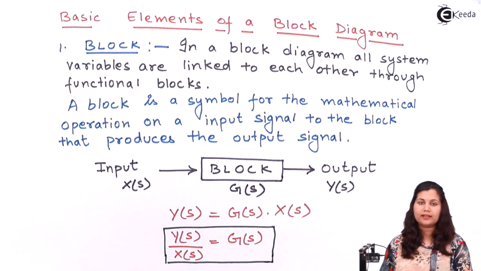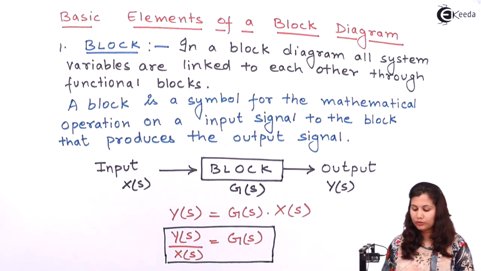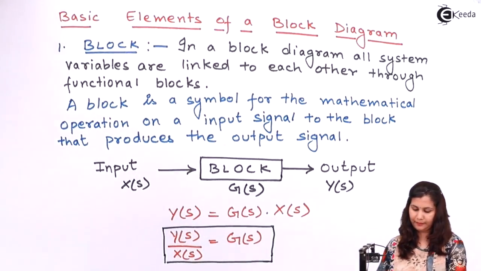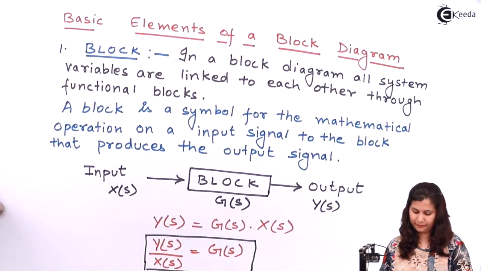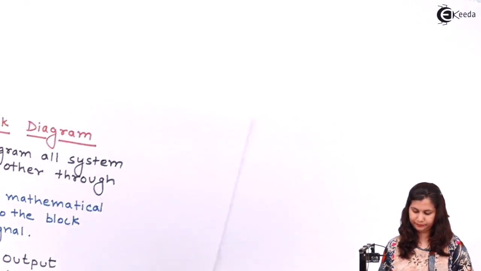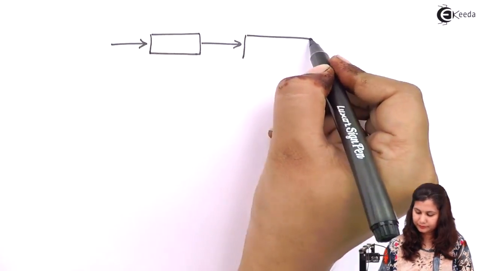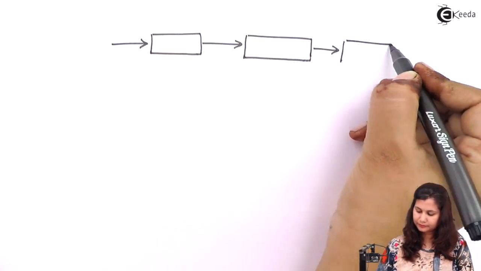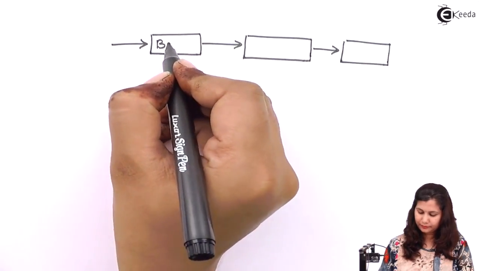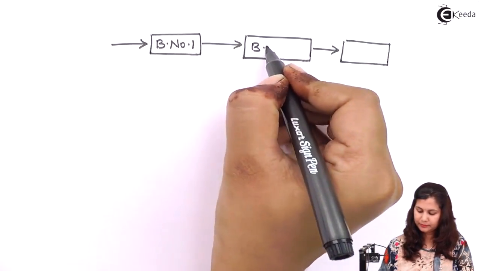Now these blocks can be connected in series or they can be connected in parallel. So how are they connected in series and parallel combination? This is block number 1.